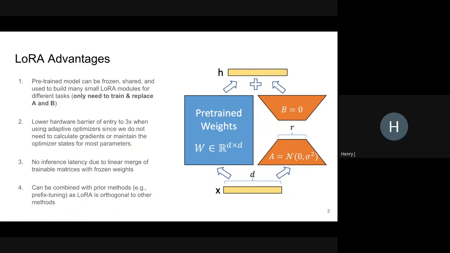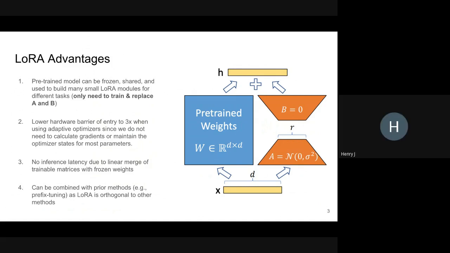Yeah, I did not read the paper fully, but whatever transforms D to R, is it a matrix or maybe a vector? It's a matrix. A is a matrix of dimension D by R.